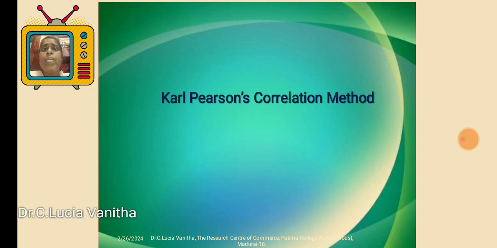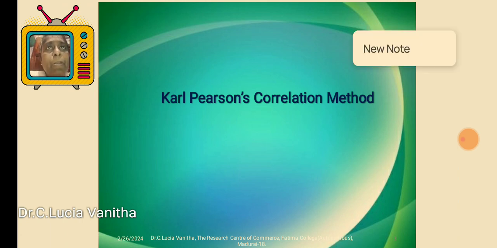Now we will see what the methods of finding out the correlation are. There are mainly two methods. One is the graphical method, the other one is the algebraic method. Today, under the algebraic method, we are going to see Karl Pearson's correlation method. The first person to give a mathematical formula for measuring the degree of relationship between two variables was Karl Pearson in the year 1890, and as a result it was named after him as the Karl Pearson correlation method.